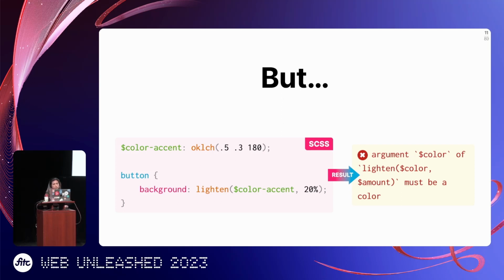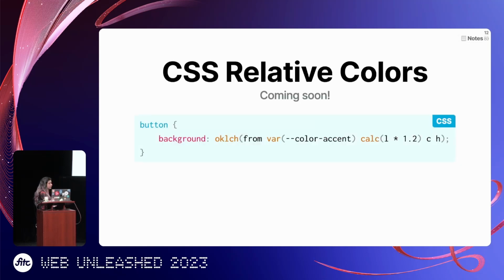So if you try to use OKLCH colors and try to lighten them, you will get an error that the argument must be a color, because it doesn't understand that OKLCH values are actual colors. You don't have this problem with browsers, because the browser understands all the color formats, but also there's a lot more flexibility.